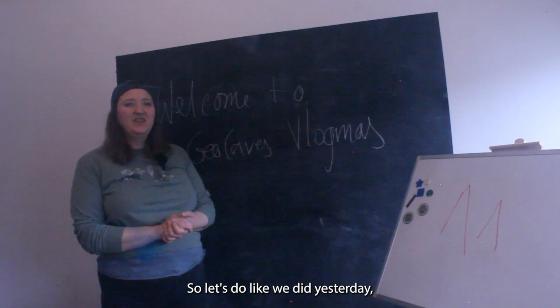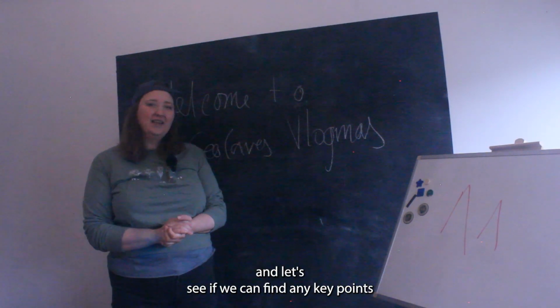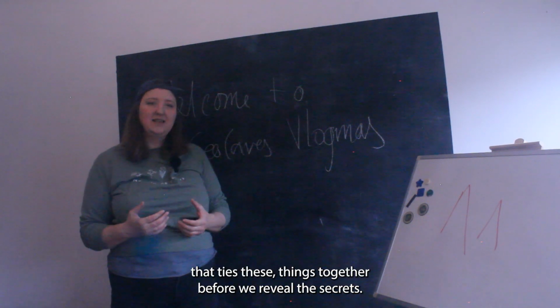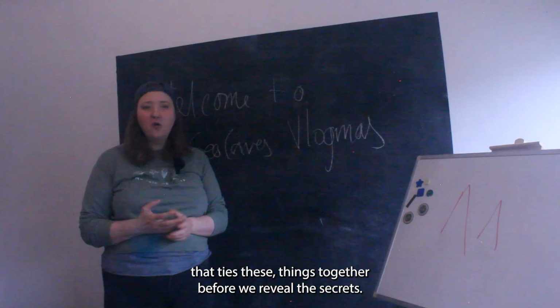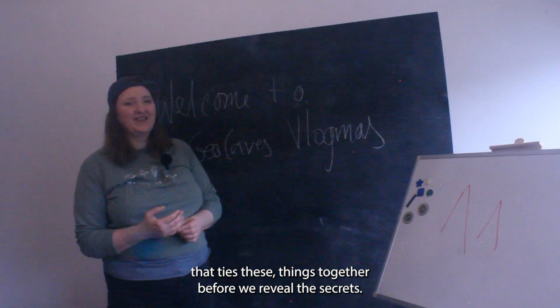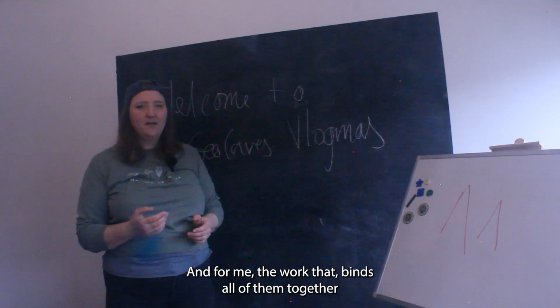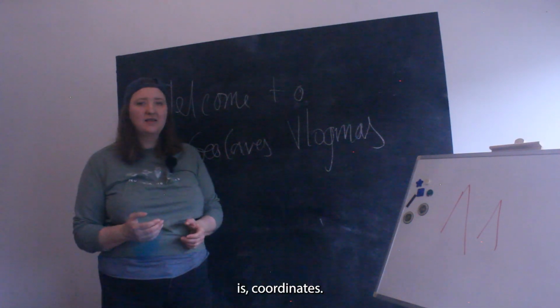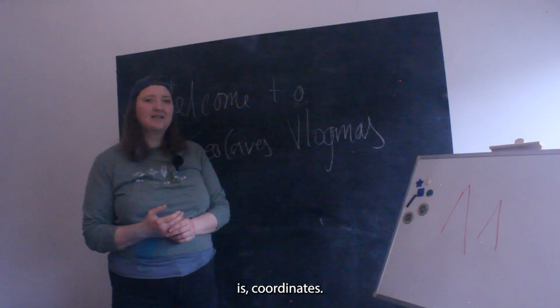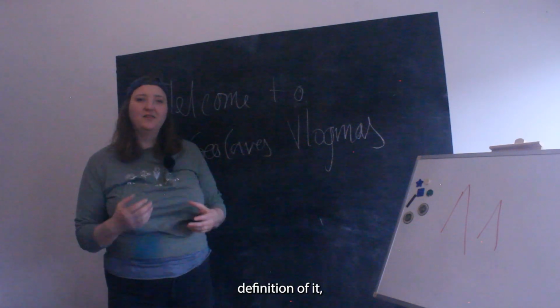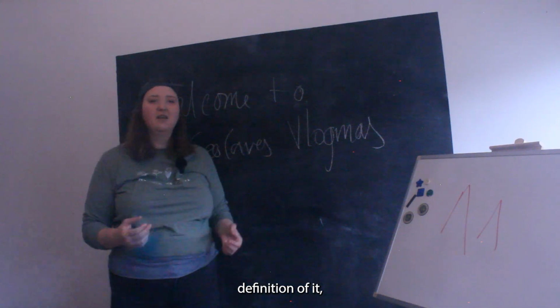So let's do like we did yesterday and let's see if we can find any key points that tie these things together before we reveal the secret meaning. And for me, the word that binds all of them together is coordinates, especially when you look at the definition of it.